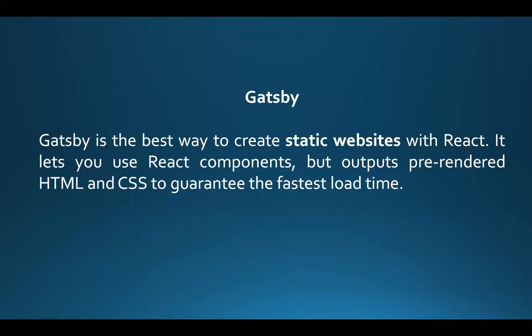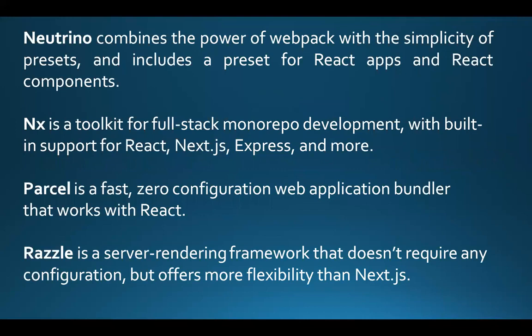React is popularly used with Next.js, with Gatsby, and with Neutrino. Neutrino is used for building effective React components. And we have NX, which is used for creating monorepo development applications. What are these? I will explain these options in detail. We have Parcel, we have Razzle.